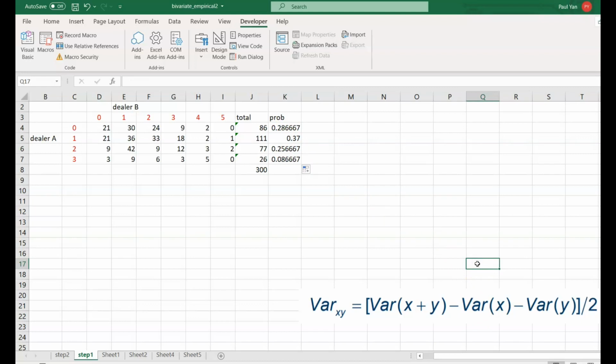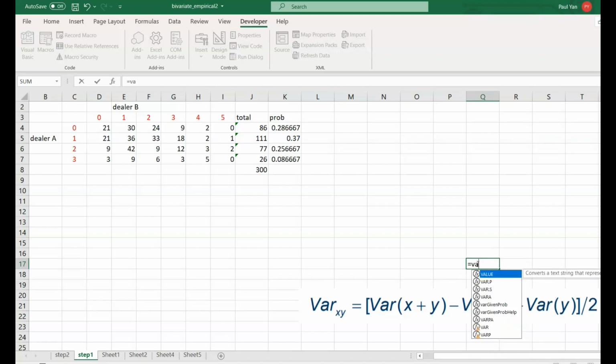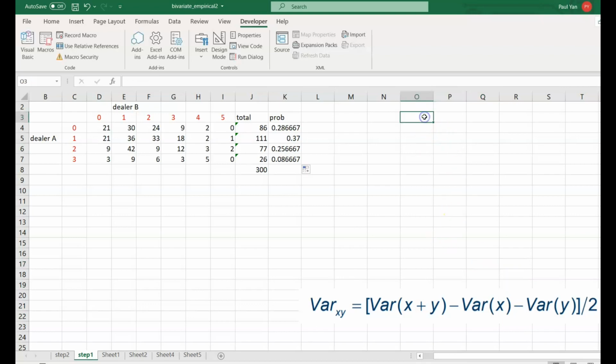So what is this VAR X? We can use equals VAR.GIVEN.PROB. So I'm going to put here VAR.GIVEN.PROB, and we can type the help function first.